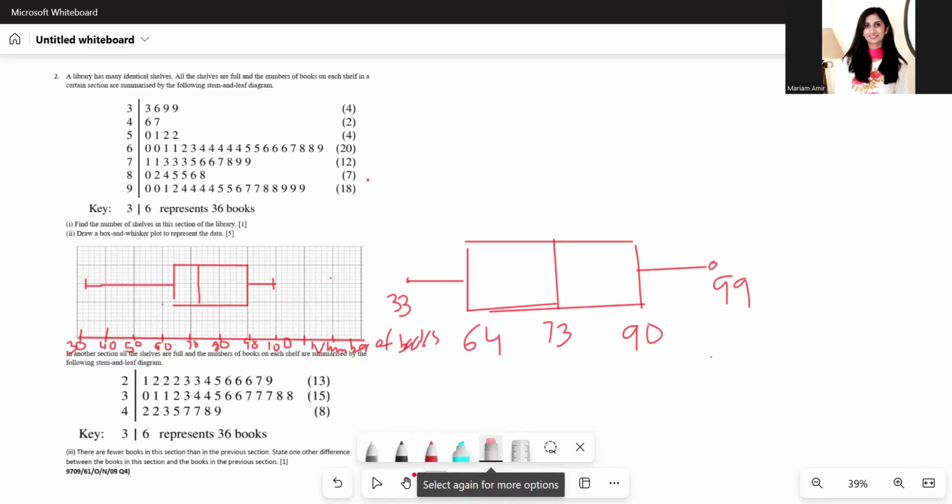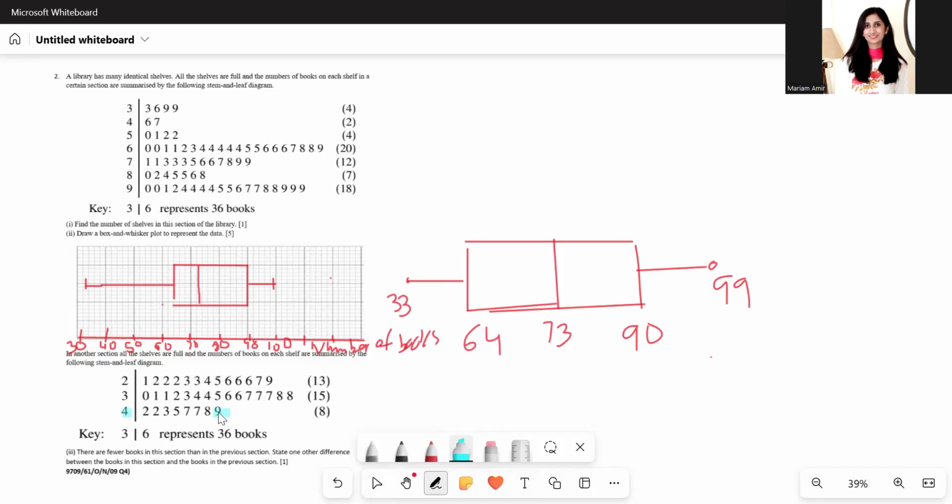State one other difference between the books in this section and the books in the previous section. That comment could be that in this new section, the books are actually thicker in size. Why do we say that? Because look at this.